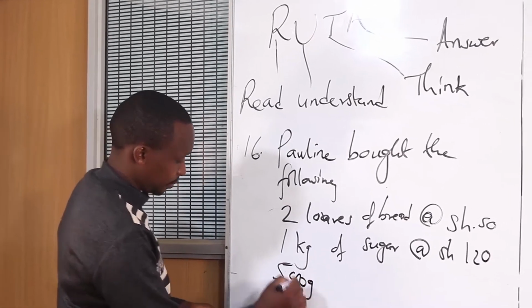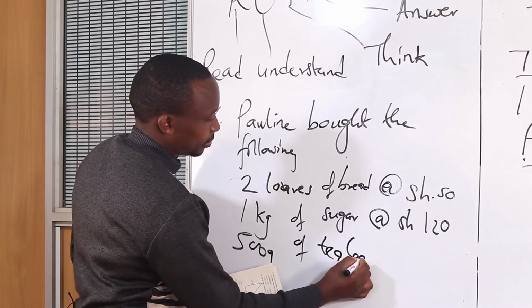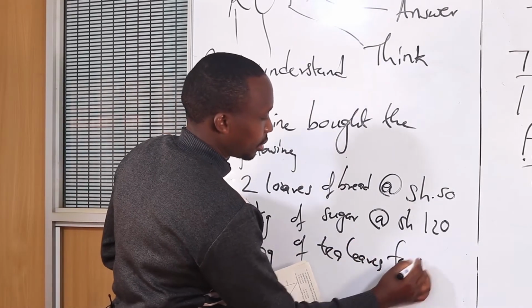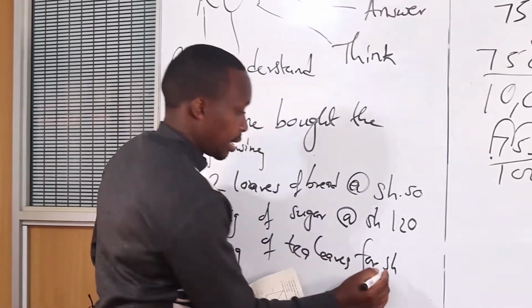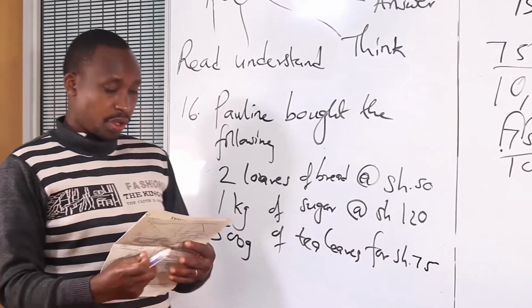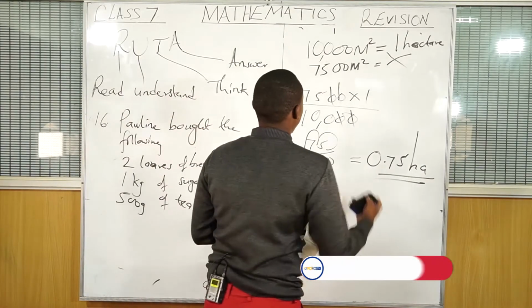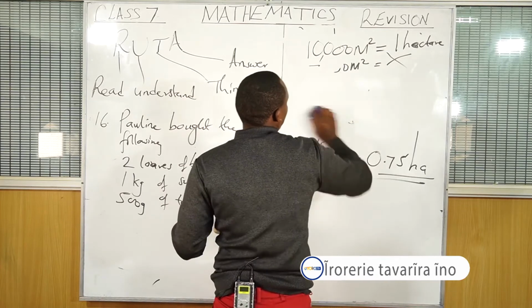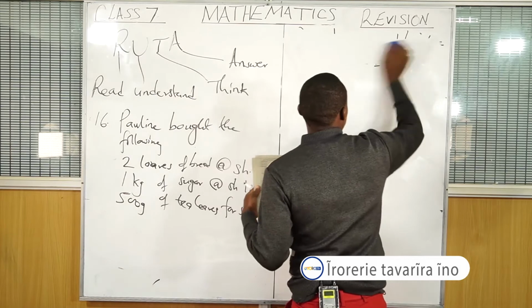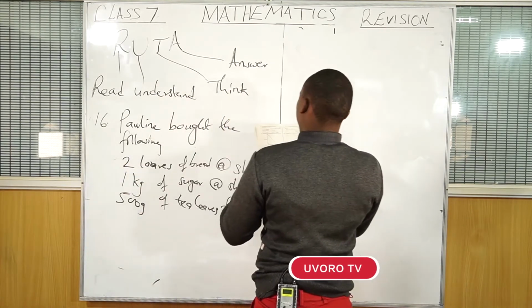500 grams of tea leaves, 4 shillings 75. Then our question reads, if the shopkeeper was given 500 shillings, find the balance.